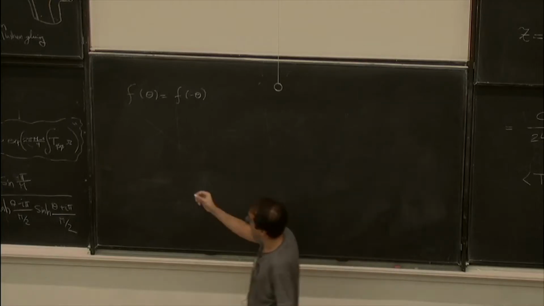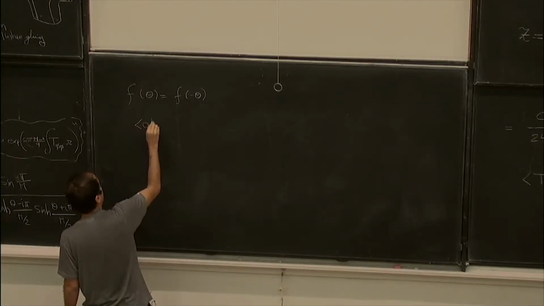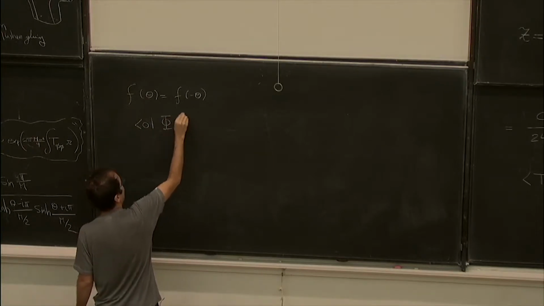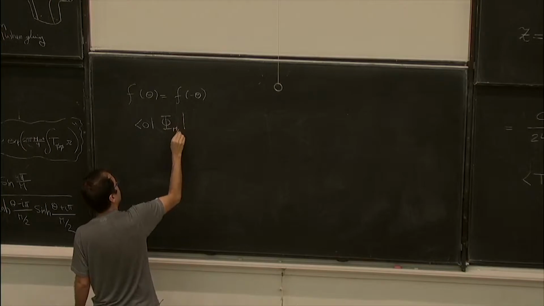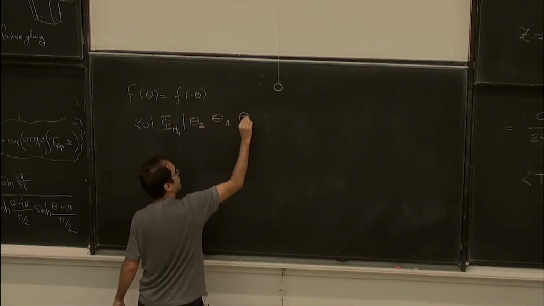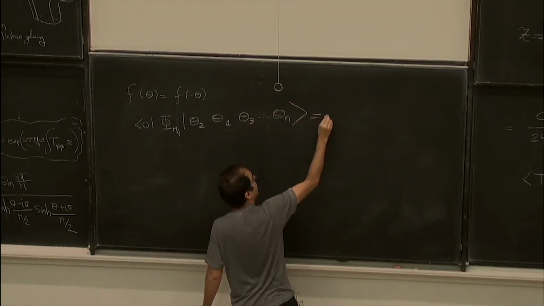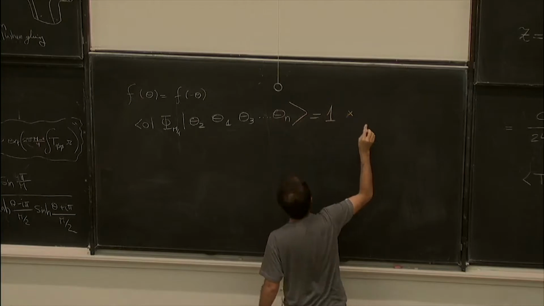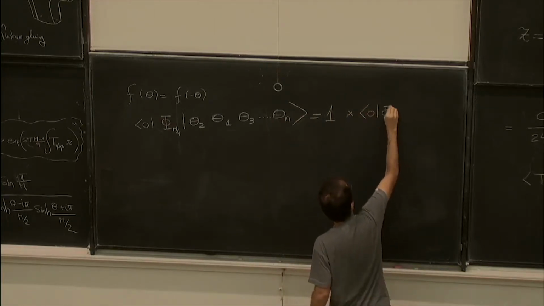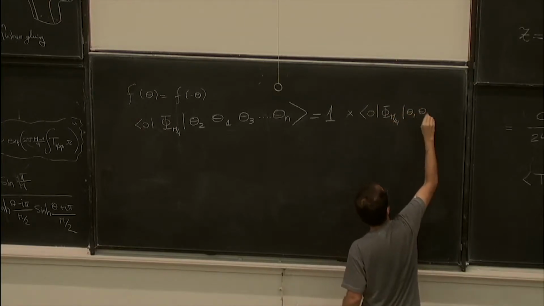In particular, the relation I want is the following: this form factor obeys this equation. I have 0, my field phi, m over 4, and if I swap particle 2 and 1, and I don't touch the other ones, theta 3 up to theta n, I get 1 times the form factor where 1 and 2 are in the same position.